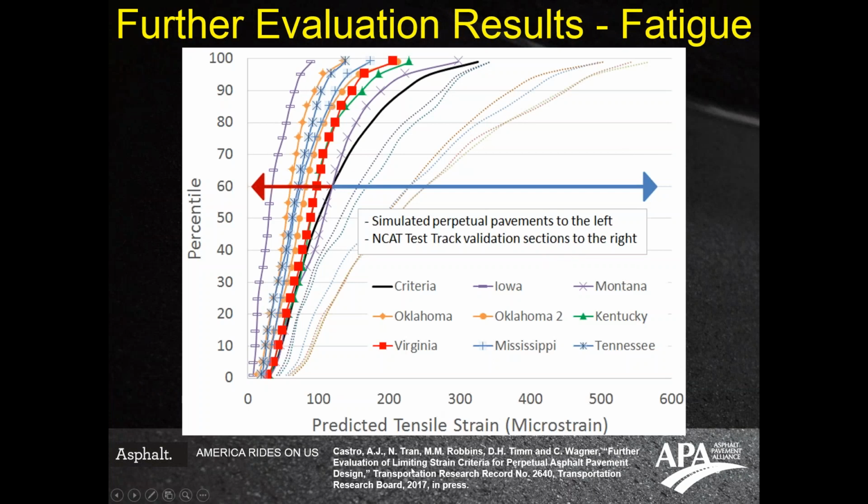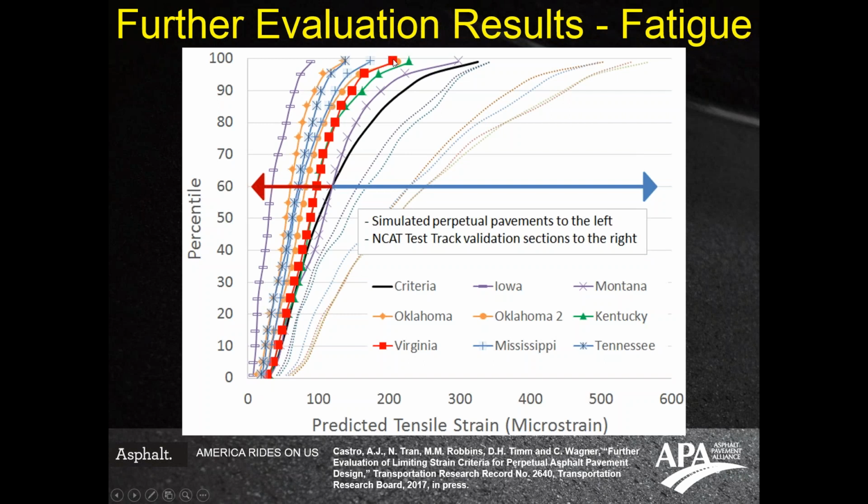This graph has a lot going on. Again, it's from that TRB, the recent TRB paper, but what I want you to focus on is the dark black line is the control distribution that was developed as part of the work coming out of the NCAT test track. And all of the solid lines that you see to the left are all those perpetual pavements, and they are all below that critical strain distribution, kind of up through the 55th or the 60th percentile.